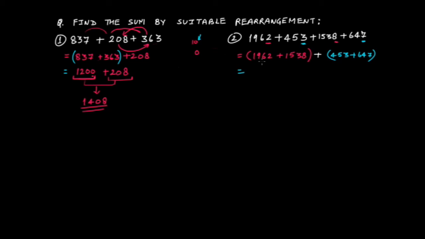So if you add this number, 1962 plus 1538, this would be 3500. You can check it by adding 1962 and 1538: you would get 10, 1 carry, 6 plus 3 plus 1 is 10, 1 carry, 9 plus 5 plus 1 is 15, 1 carry, and this would be 3500.